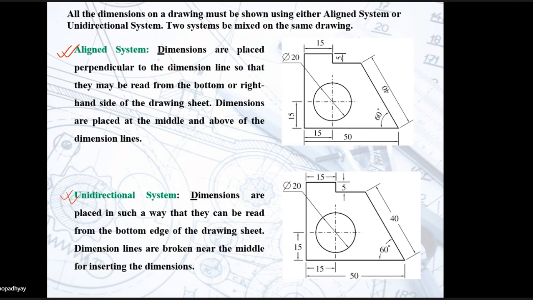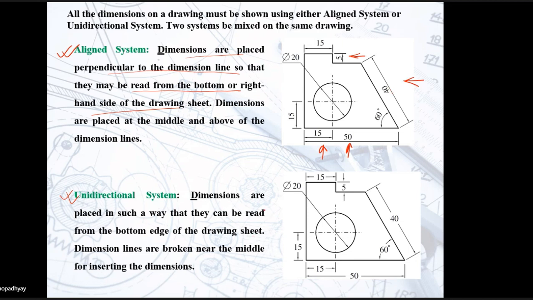In the aligned system the dimensions are placed perpendicular to the dimension line so that they may be read from the bottom or right hand side of the sheet. So this is your arrowhead. You can read it easily from the bottom. So you have to place it above the arrowhead like this, or you should be able to read it from the right hand side of the drawing sheet.